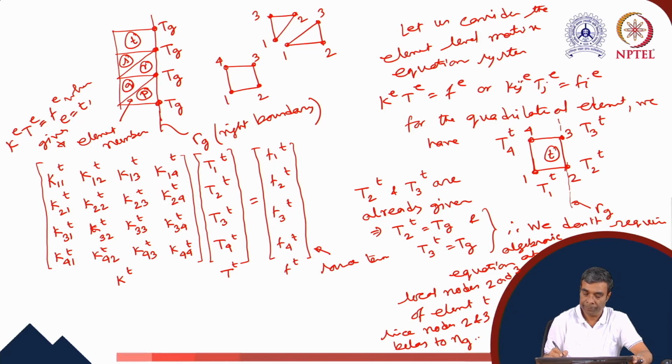So these equations 2 and 3 at the local level don't exist. We have to write the equations only at local nodes 1 and 4, that are the internal nodes.